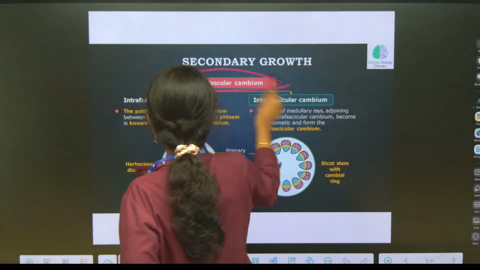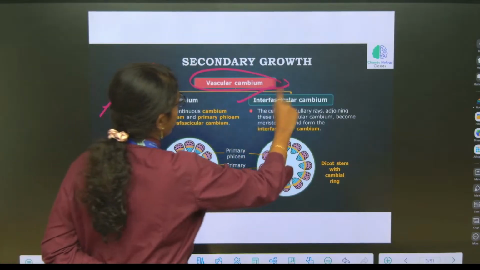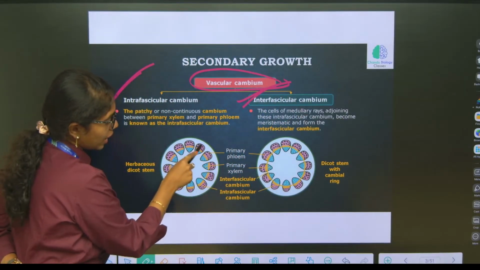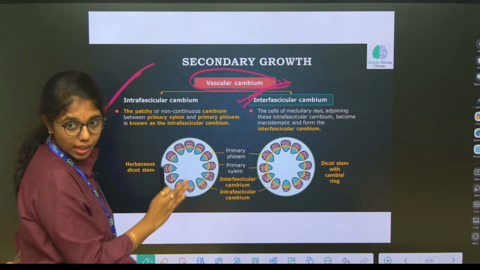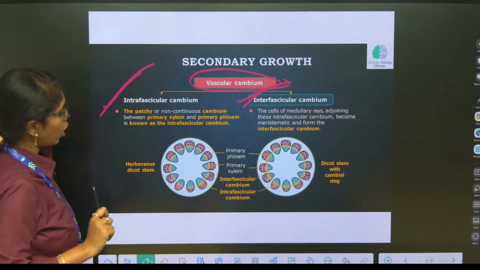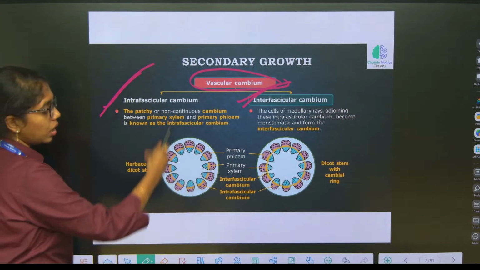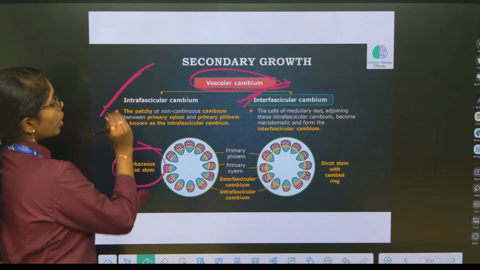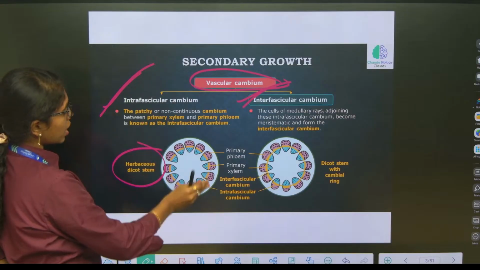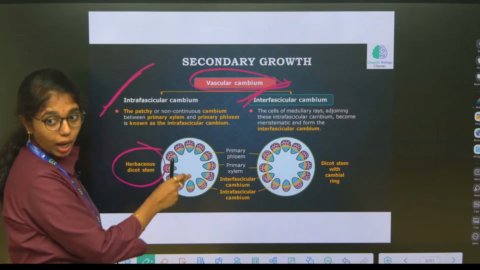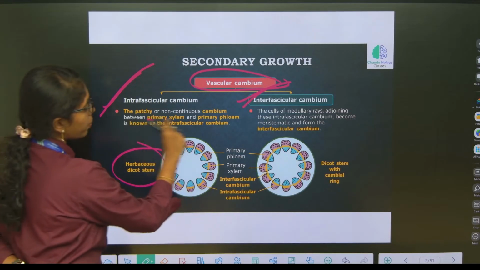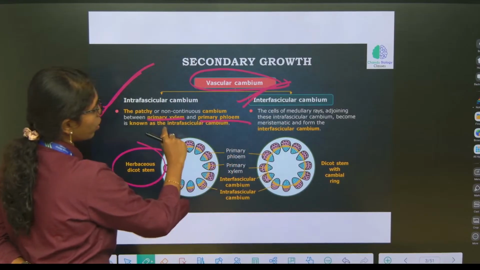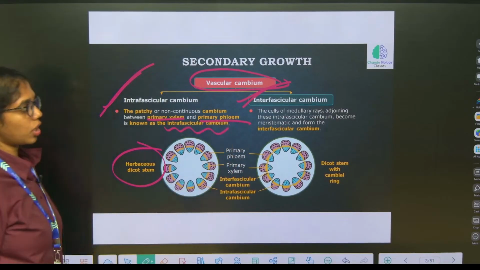Next, first we will understand the vascular cambium. We have two, intrafascicular cambium and interfascicular cambium. Can you see here intrafascicular cambium in each vascular bundle? Look into the theory also. This is the TS of a herbaceous dicot stem. The patchy, non-continuous cambium between primary xylem and primary phloem is called intrafascicular cambium.